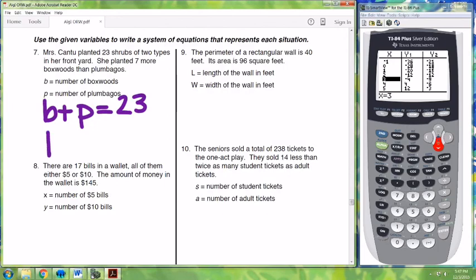So the number of plumbagoos equals 7 more than the number of boxwoods, 7 plus B. Now, we could solve this system. We could substitute the value that P equals into the other equation and find out how many of each, but on this section, they're not asking us to solve it. They just wanted us to write the system of equations, so that's all you're doing on this page.